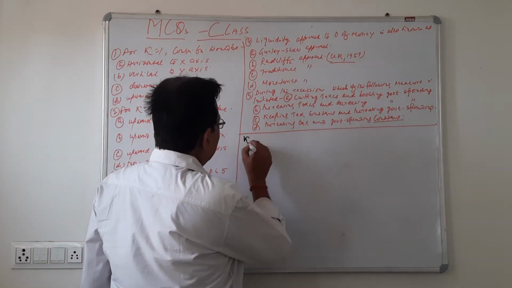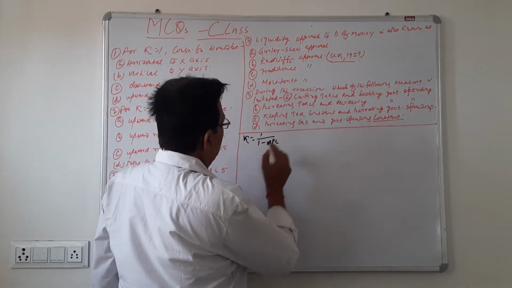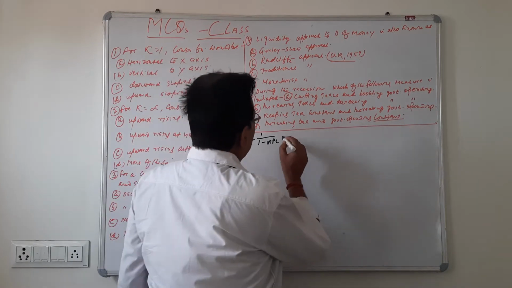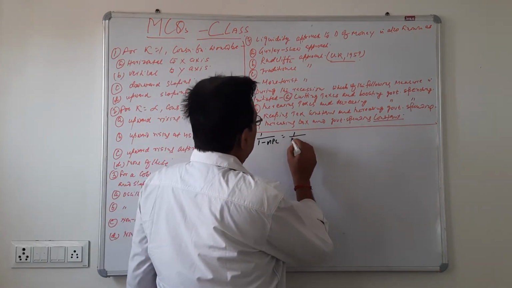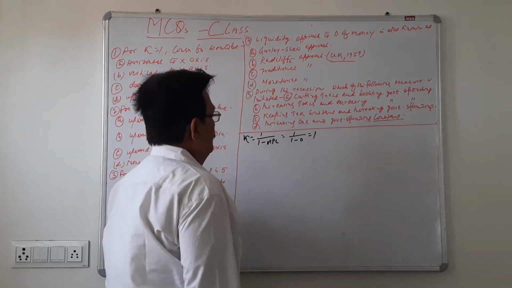Multiplier is 1 by 1 minus MPC, and here the multiplier is supposed to be 1. So for the multiplier to be 1, MPC has to be 0.